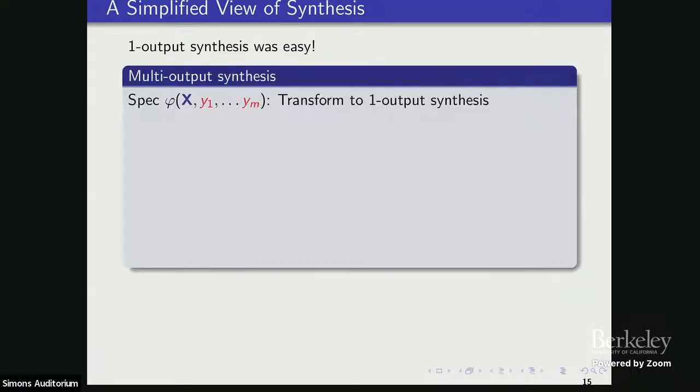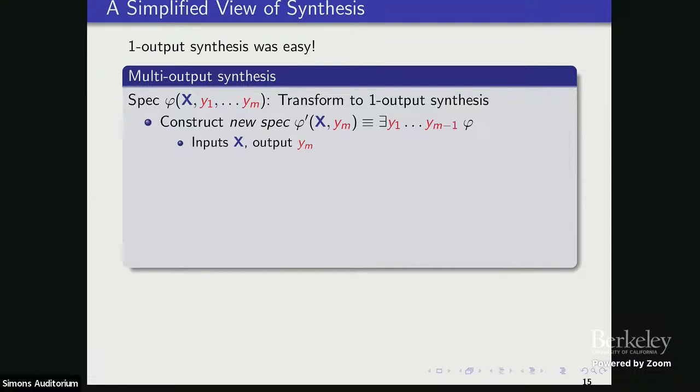So for multi-output synthesis, we are just going to try to reduce it to one output synthesis. So we will first construct a new specification, which is, for the time being, let's say we are somehow doing this quantification. We'll see how to do this quantification. So we have quantified out all the output variables other than 1, and that gives us a new specification. And what's this telling you?